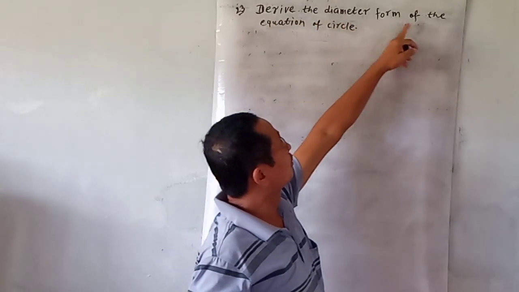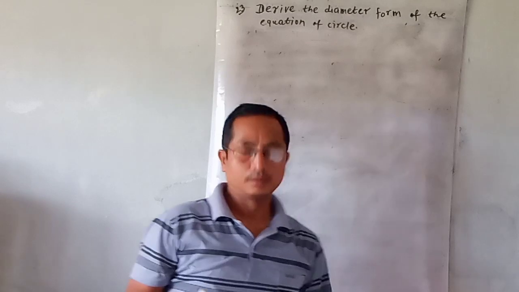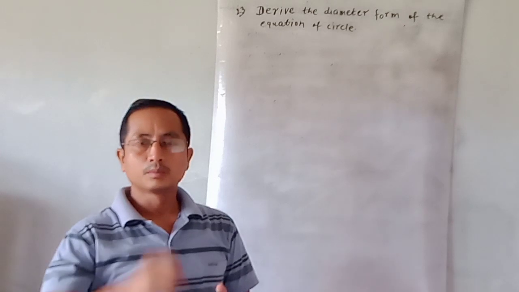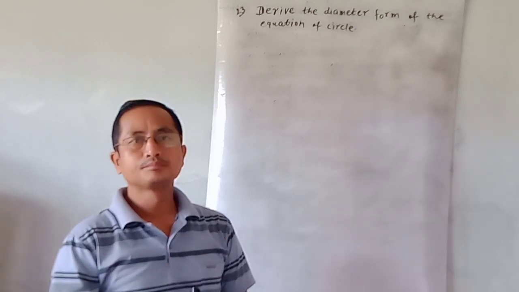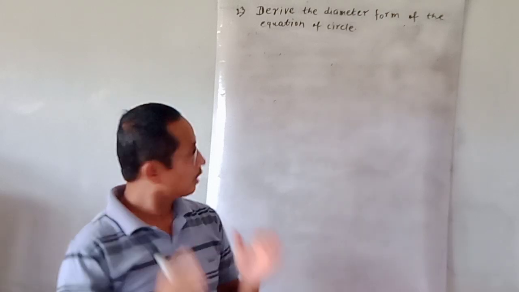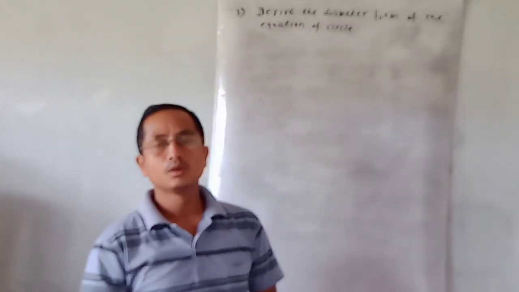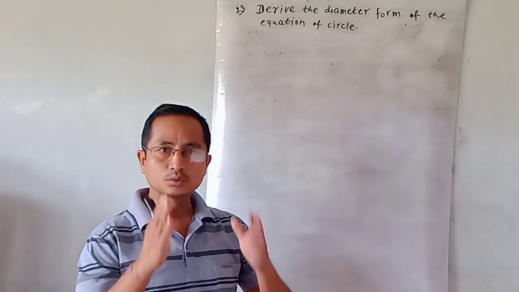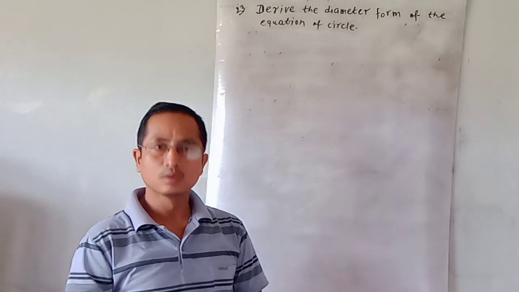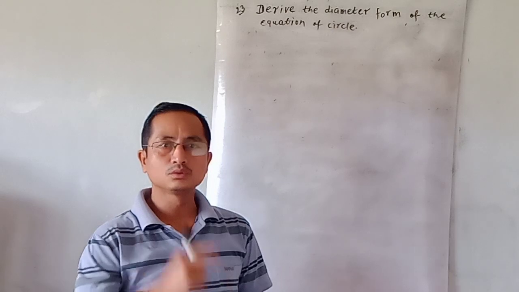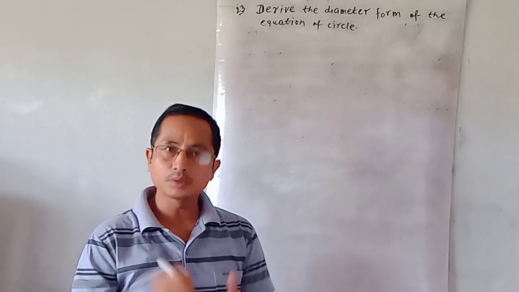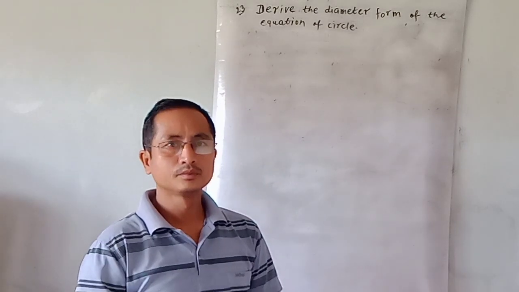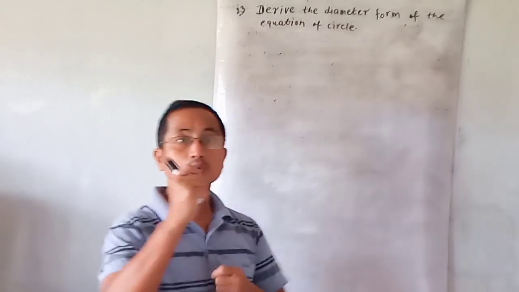I mean, when the two ends of the diameter of a circle are given, then to calculate the equation of the circle, we use the formula (x minus x1)(x minus x2) plus (y minus y1)(y minus y2) equals 0. How to derive this formula? The question has asked how to derive.